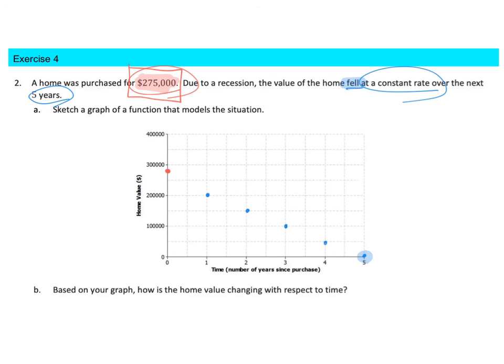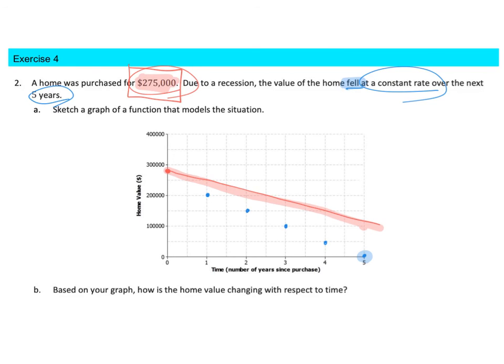So I'm going to not use those blue dots, and I'm going to be using a red dot instead. I'm saying, well, maybe after 5 years, we are not at $0, maybe it's at like $100,000 or something, okay? So maybe we're right here. So maybe my slope is a little bit less steep, but it's still decreasing because we want this to actually make sense still, okay?